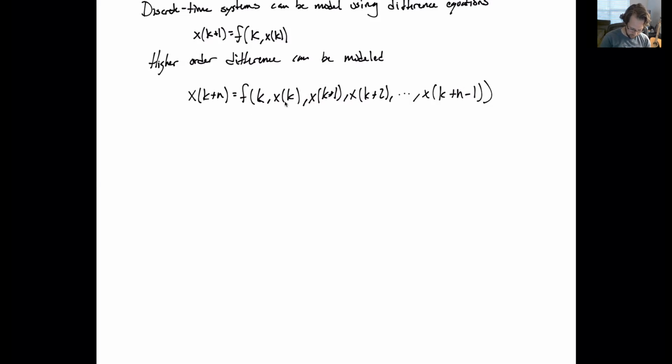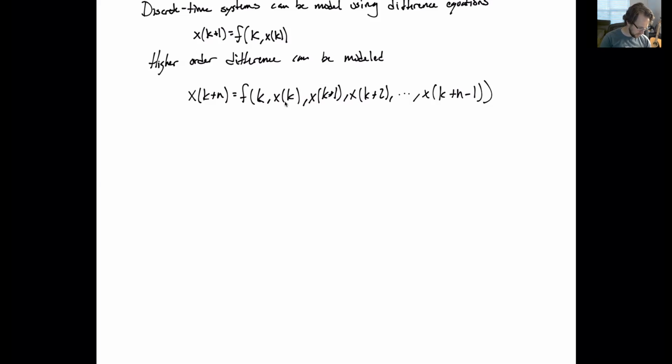To guarantee a unique solution, we need x of 0 equal to x0, x of 1 equal to x1, and so on, so we can guarantee that a solution exists all the way out to x of n minus 1 equal to x sub n minus 1. Okay.